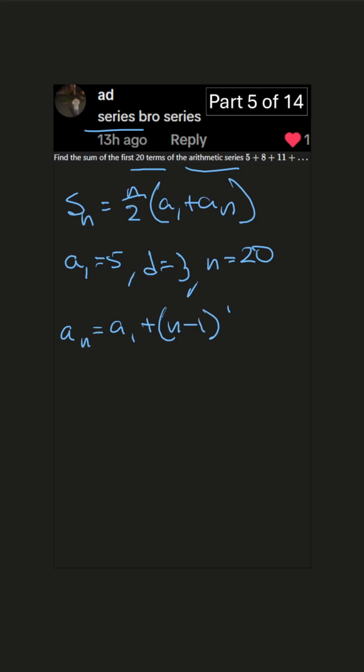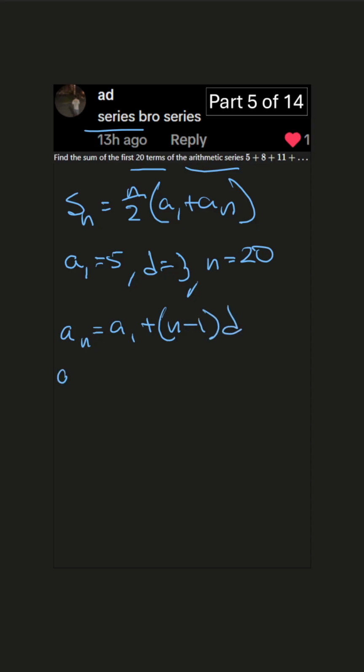Now here, the first term is 5, so a sub 1 equals 5. The difference per term is 3, so d equals 3. And we're finding the sum of the first 20 terms, so n equals 20. So first, we'll find the 20th term using the formula that we looked at in part 3 of this series, and that's a sub n equals a sub 1 plus n minus 1 times d.